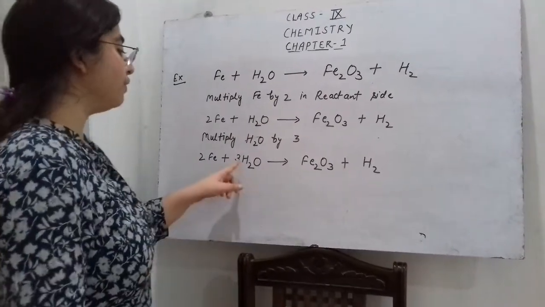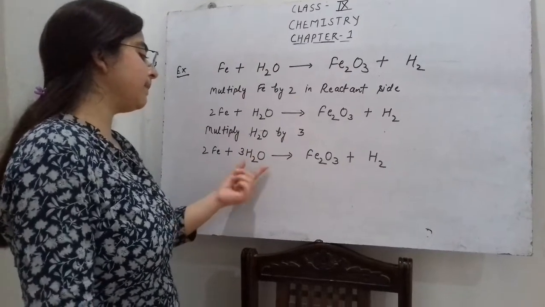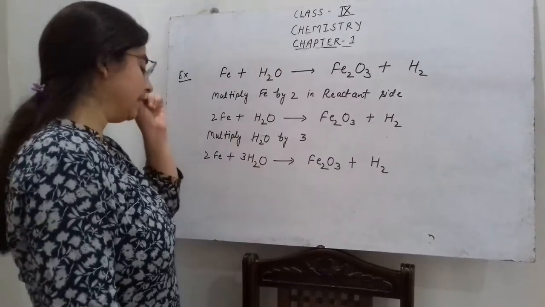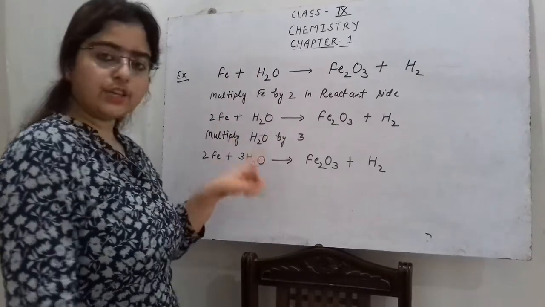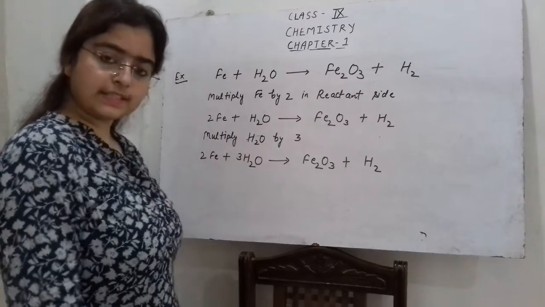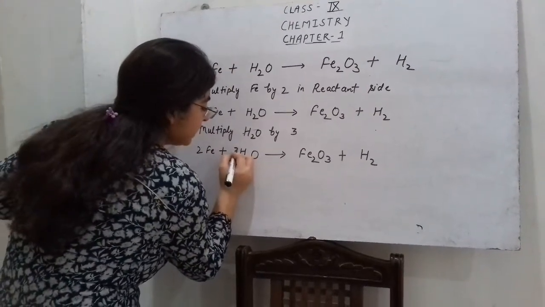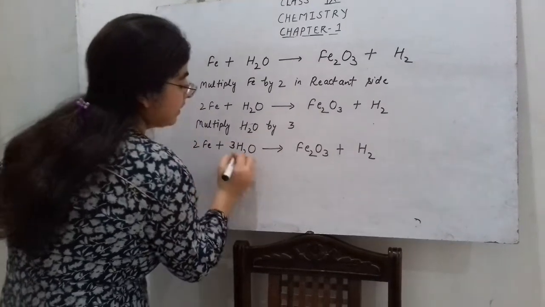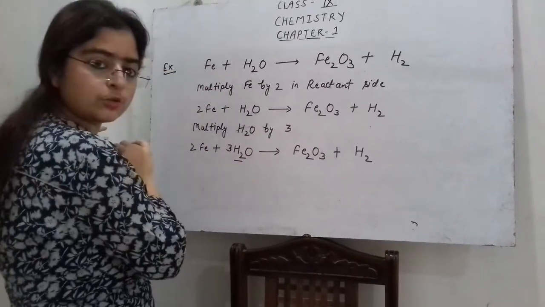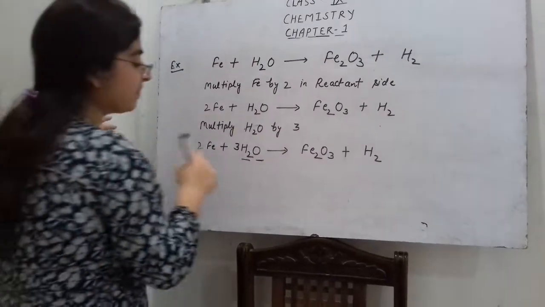As I have told you, whenever a number is multiplied by a molecule, then the atoms of each element which are present in that molecule increase. Here when water is multiplied by 3, then atoms of hydrogen are also increased and atoms of oxygen are also increased.